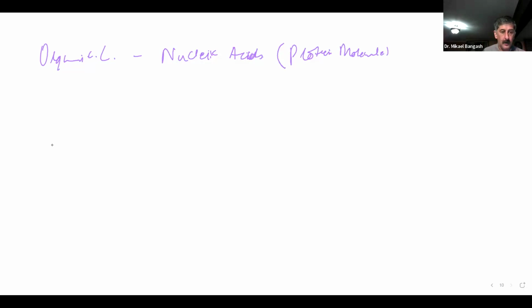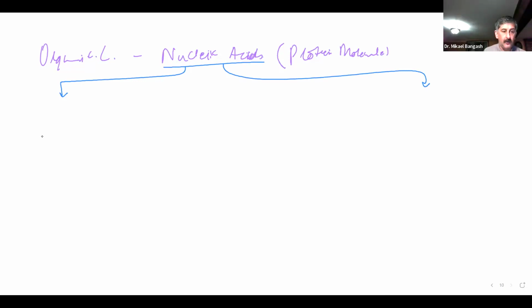As far as nucleic acids are concerned, we mainly have two subtypes. One is what we may abbreviate as DNA. You may have heard the abbreviation DNA.